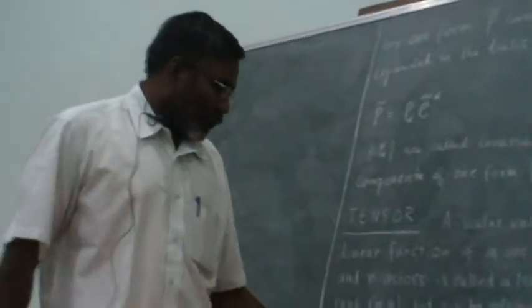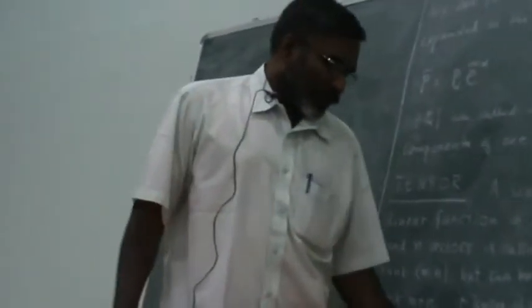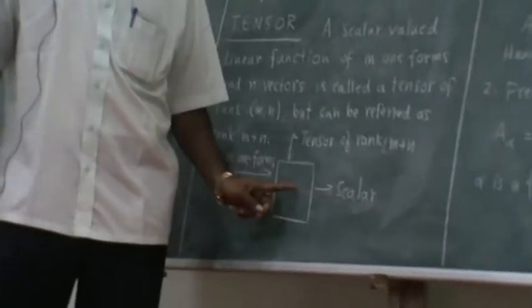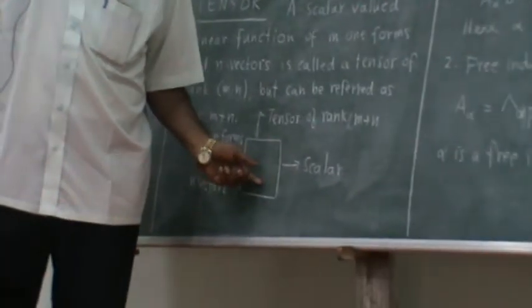I must get at least zero. So I don't send this any one forms. I don't send any vectors, but I get a scalar, which means this itself should be a scalar. Okay, so a tensor of 0, 0 rank, 0 rank is a scalar.